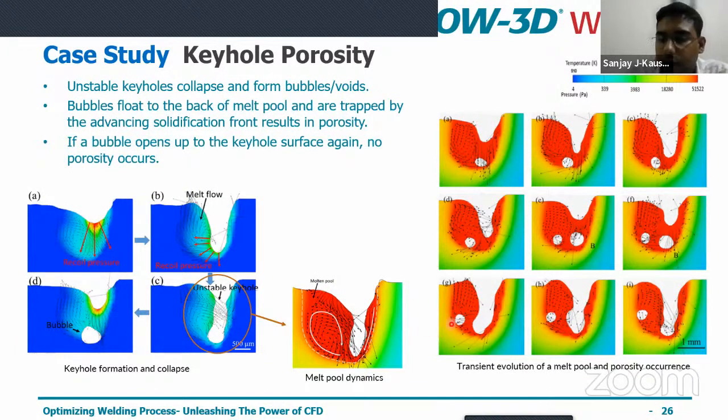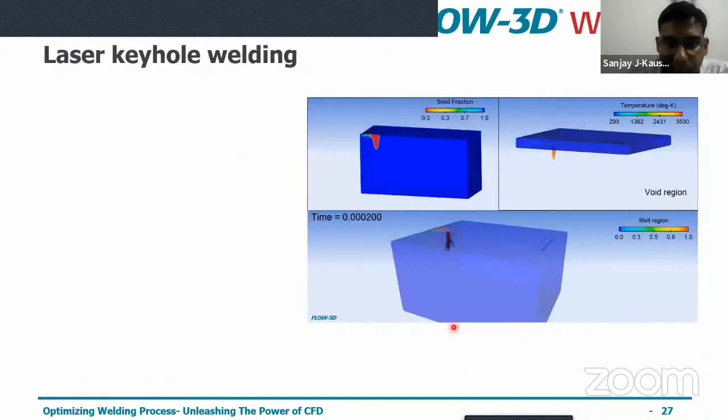And because of the solidification front that is coming from the back, they actually catch this porosity and cool the metal down, which makes the porosity not go out of the melt pool. The porosity will only go out of the melt pool while it is still in liquid condition. Once it solidifies, it holds the porosity, forming a void.